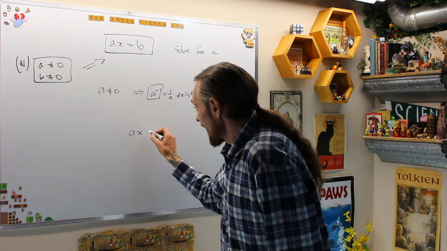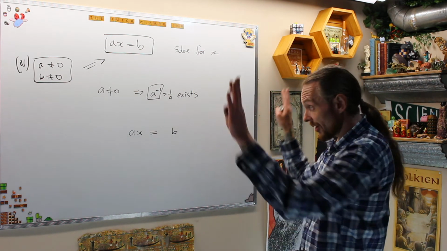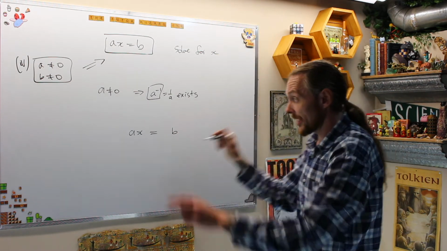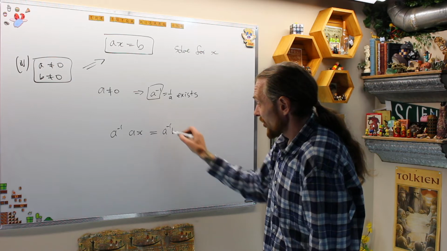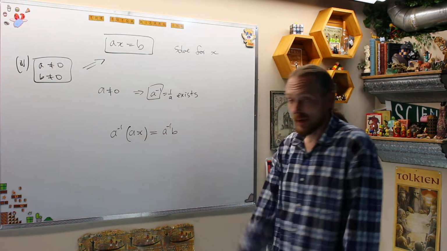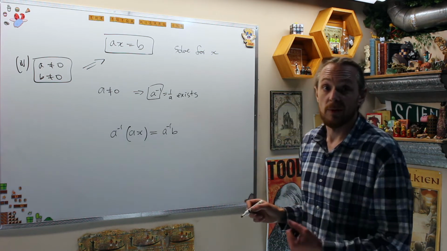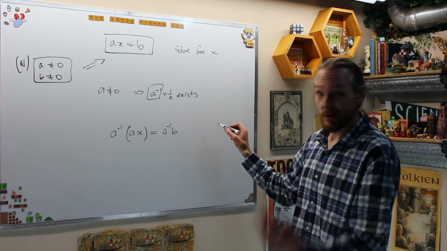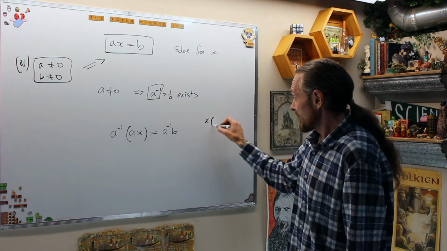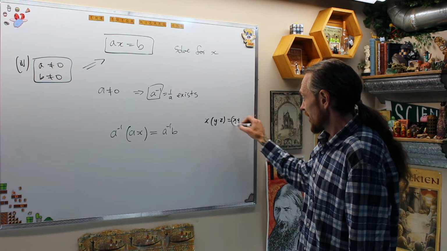I start off with ax equals b. I've left the space specifically because now I know, what you do to one side, you do to the other side. So I'm picking A inverse, which is not 0, and I multiply both sides by A inverse. Now technically speaking, everyone nods their head, and this is an axiom for the real numbers. If I have 3 real numbers, x, y, z, unknowns, then (x times y) times z is equal to x times (y times z).